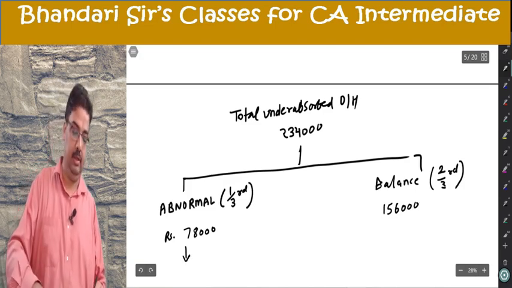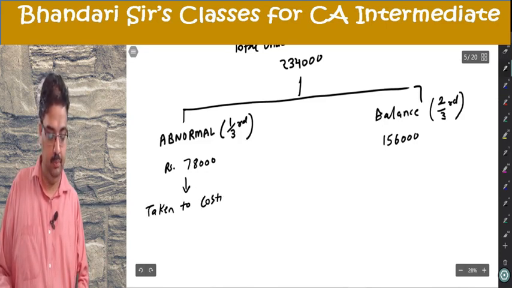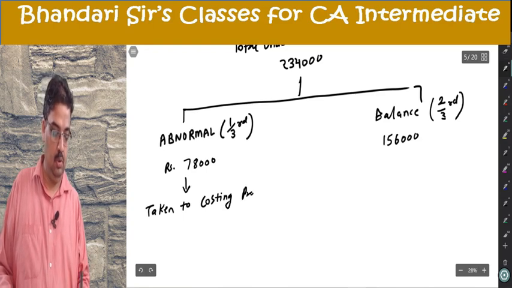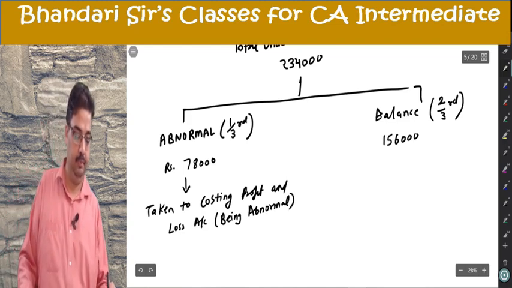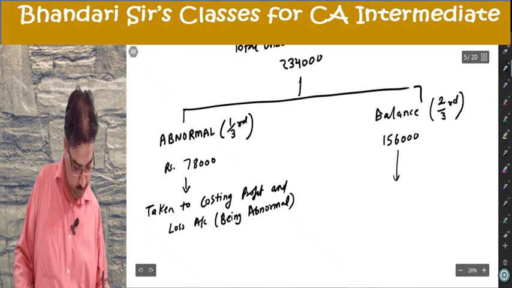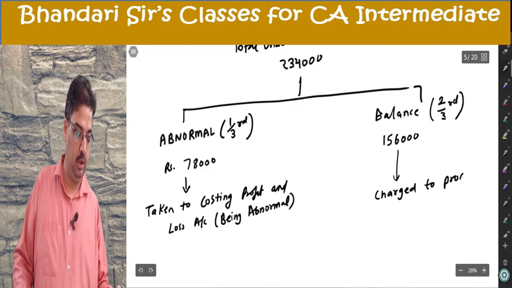Now treatment of this: abnormal is taken to costing profit and loss account, being abnormal. Normal is charged to production.